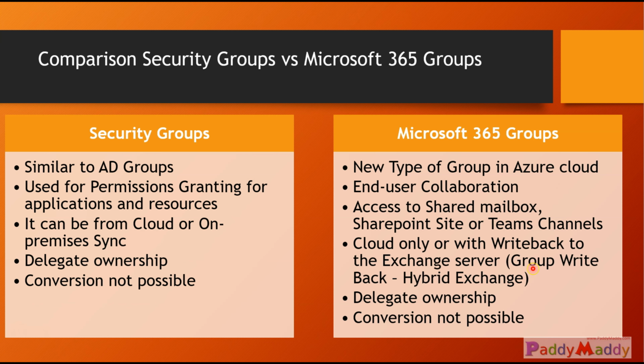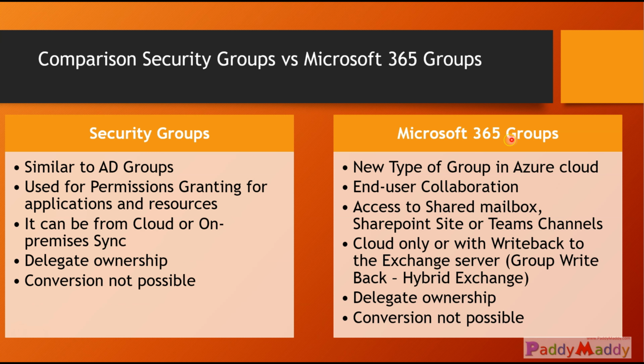Then if you have a connector, all of that is configured, then you have an option to write back the cloud-based groups back to your on-premises. So that is possible, but I'm talking about hybrid Exchange, not the hybrid Active Directory. So that's a major difference.